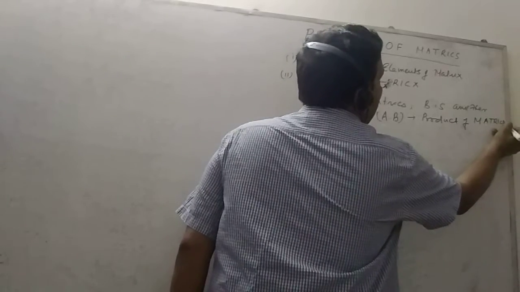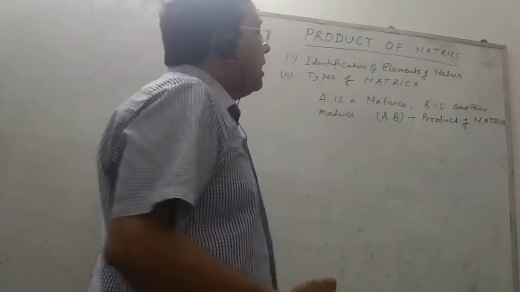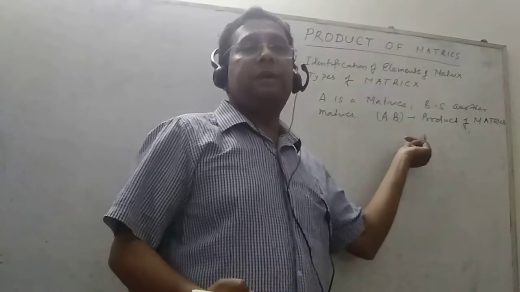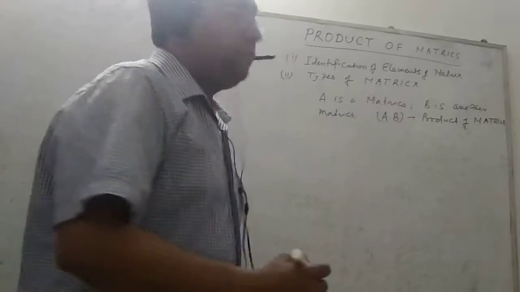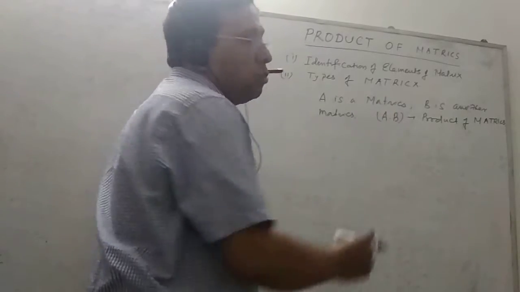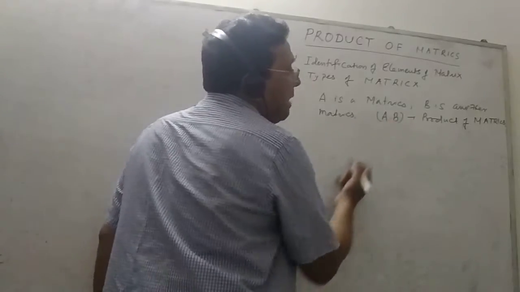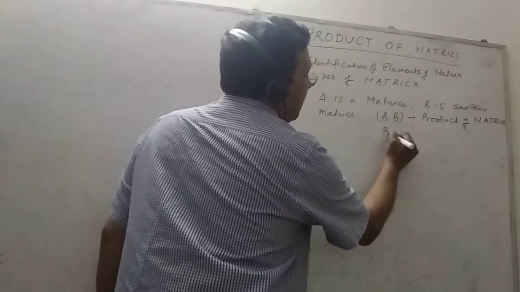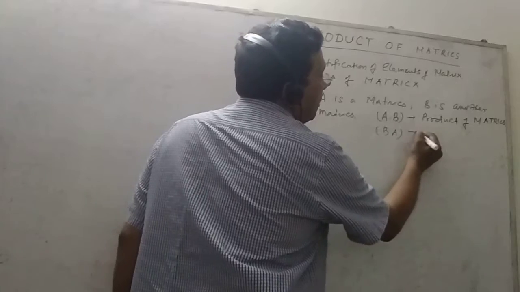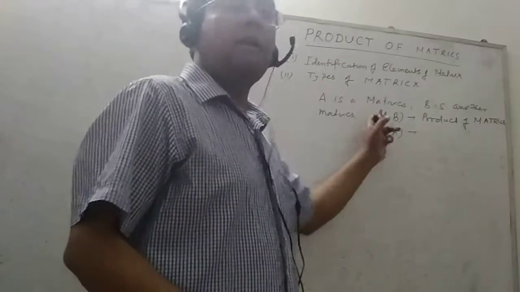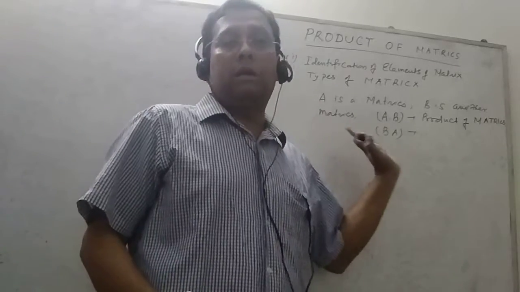Here, the left matrix A and the right matrix B are very, very important. BA is another matrix, and this is also a product of the matrix. Definitely, these two products may not be the same, which I will tell you later on.